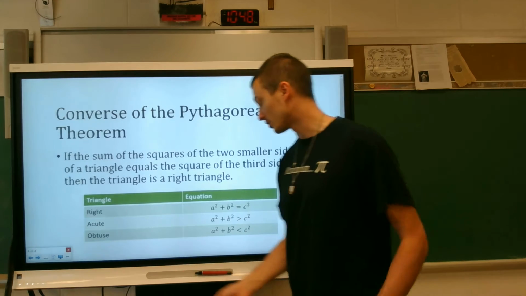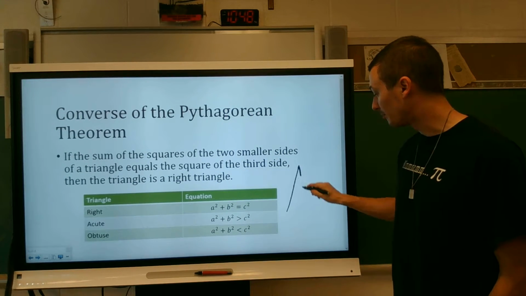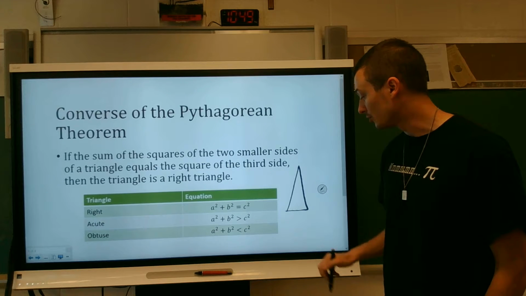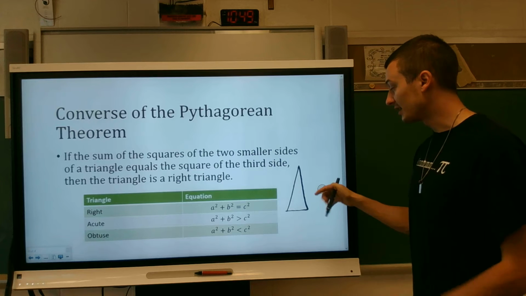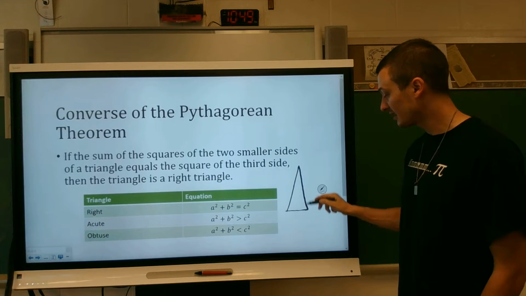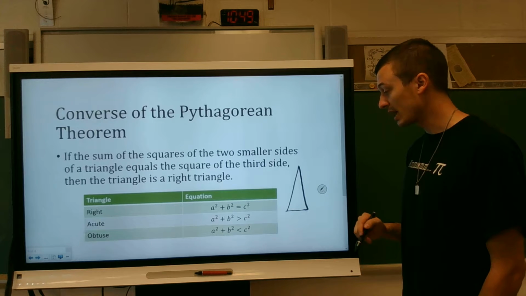So maybe, let's draw a picture. If the legs are bigger than the hypotenuse, then it's going to be an acute triangle, where each of these is an acute angle.